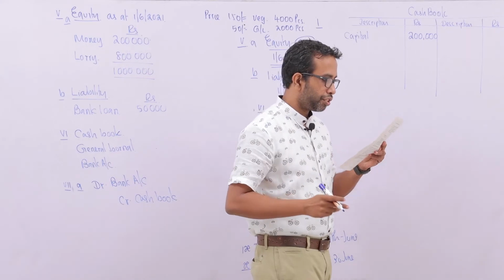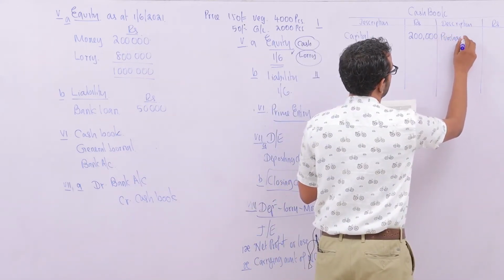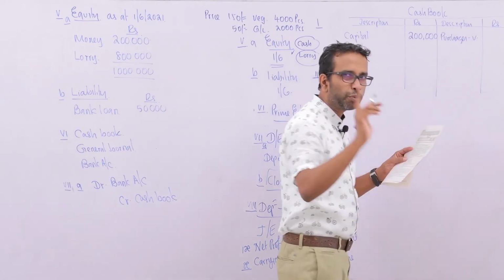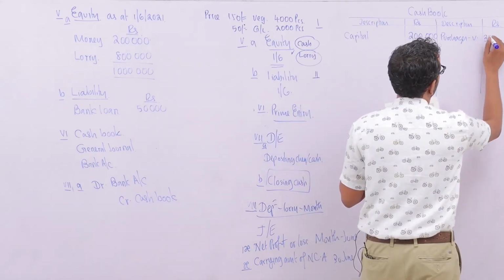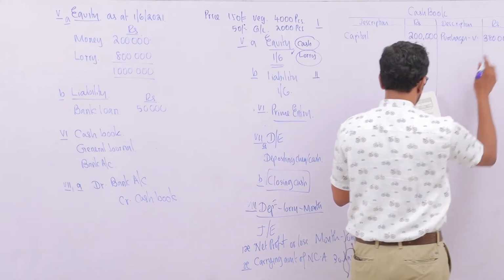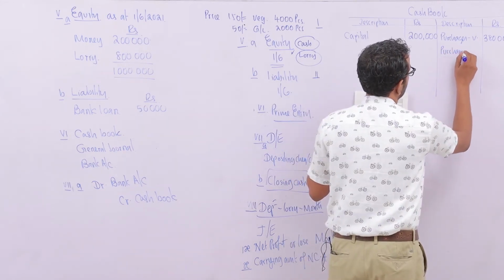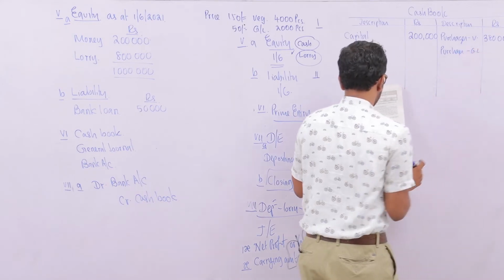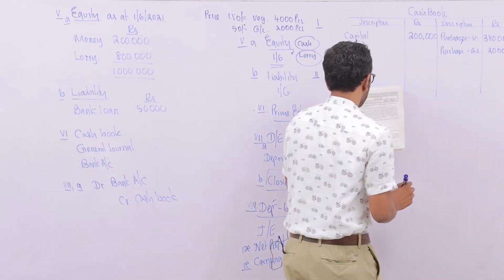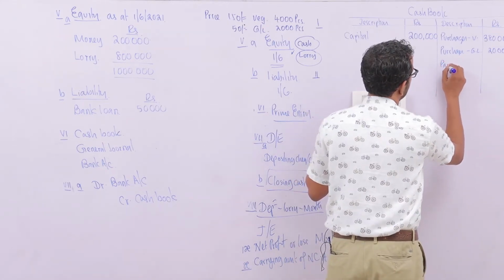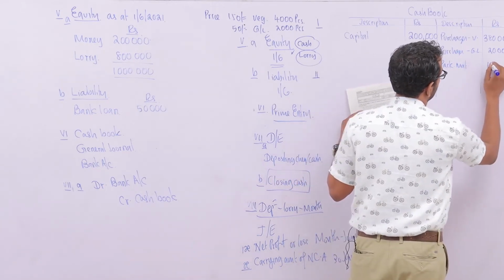And purchases, vegetables, or just write V, that is enough because it is only 1 mark, 380. Purchases green leaves, 20. Purchases packing material, 10.